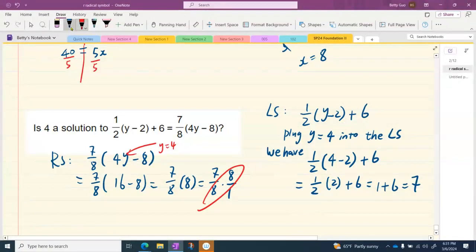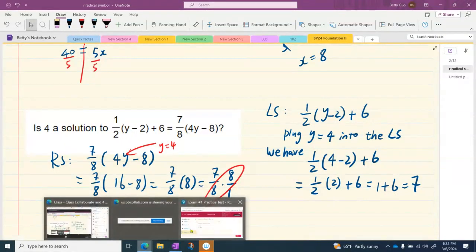So the answer is 7. The right side is also 7 after we plug in. When we plug in the value 4, we got a true statement because the left side and the right side are equal to each other. Then this equation does have a solution of 4. So we're going to answer yes.